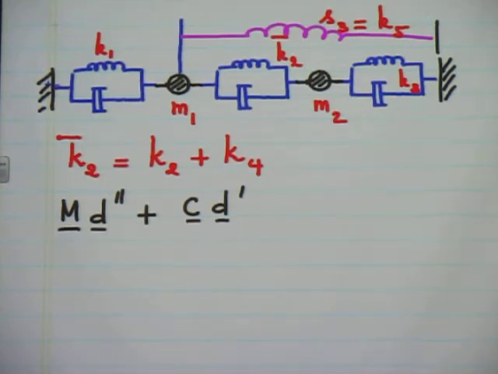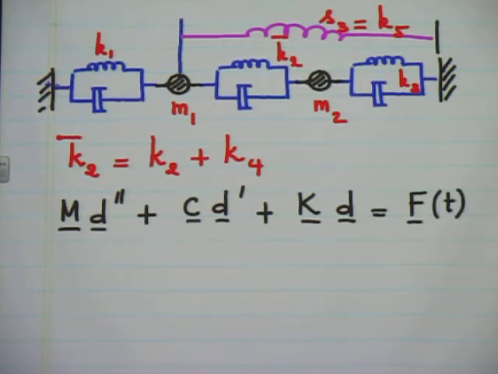Whenever I say matrix, you immediately think, if I write by hand, that would be with the underbar, and if I type, that would be a boldface letter, right? And then d double prime is the matrix of the acceleration, plus the damping matrix times the matrix of the velocities, plus the stiffness matrix K times the matrix of the displacement, equal to the matrix of the applied forces, which can be time dependent, right?